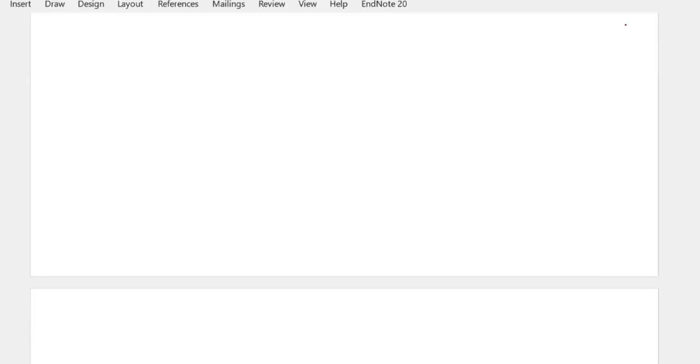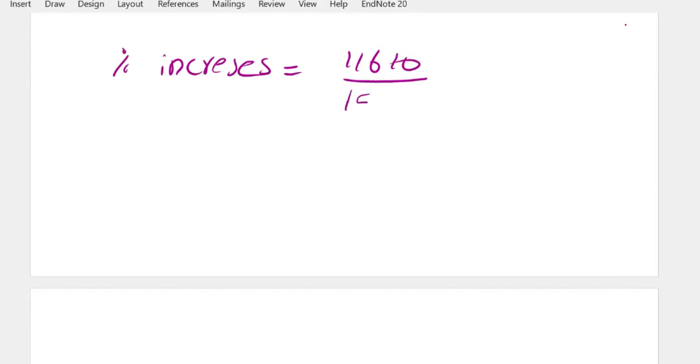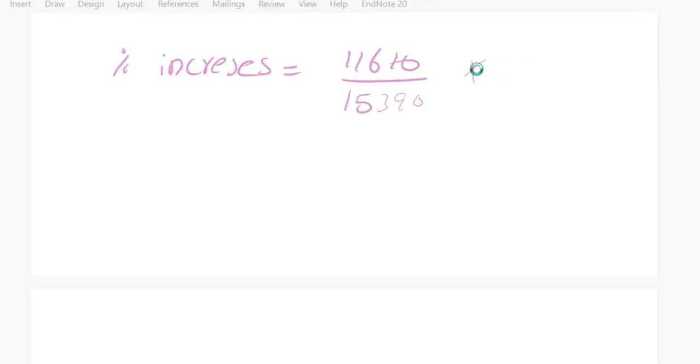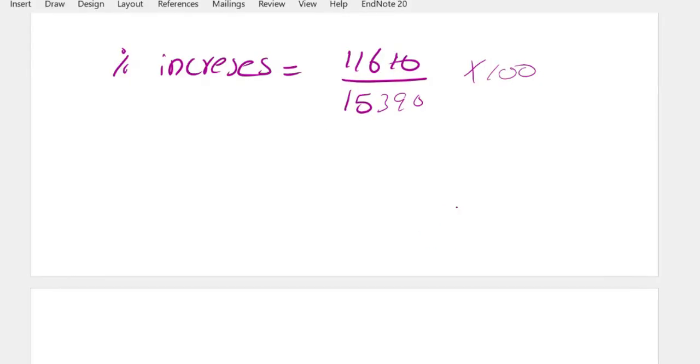The percentage increase is 11,610 divided by 15,390 multiplied by 100.